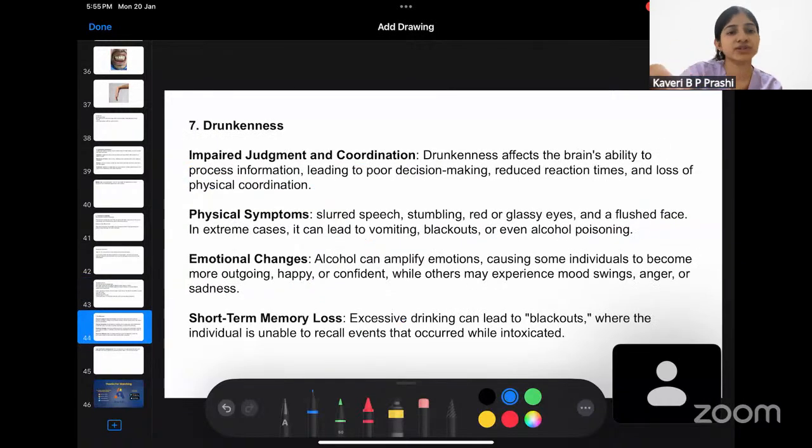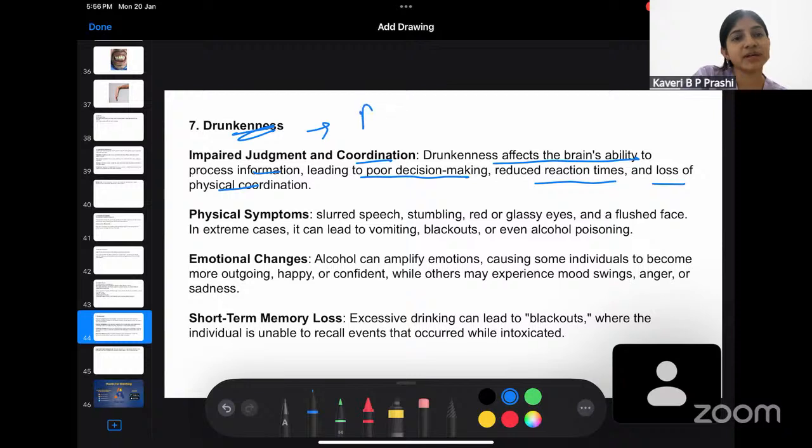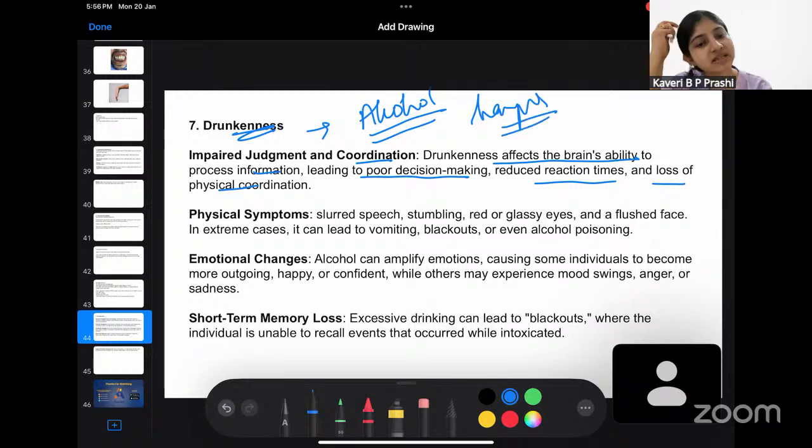Now, there's also a question on drunkenness. What is drunkenness? Impaired judgment and coordination are going to be there. Drunkenness affects the brain's ability to process information, leading to poor decision making, reduced reaction time, and loss of physical coordination. It means the person has had an amount of alcohol which is going to hamper his thinking, activity, and physical signs and symptoms.